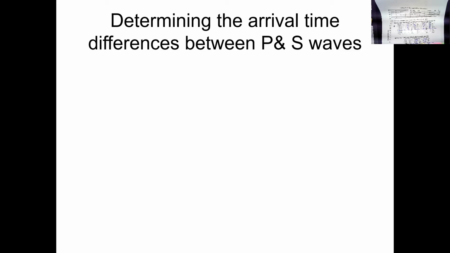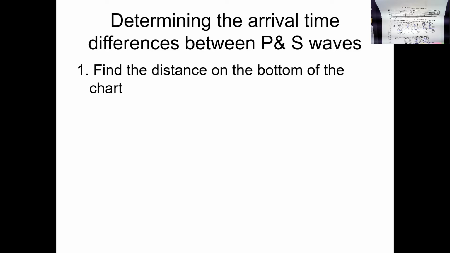Here is the method I want you to use. We're going to start, see if you notice there's 4 steps. The first step is to find the distance at the bottom of the chart. So write that in for step 1. Find the distance on the bottom of the chart.